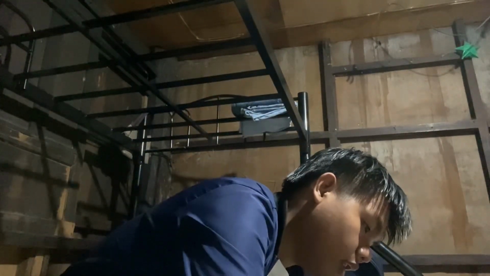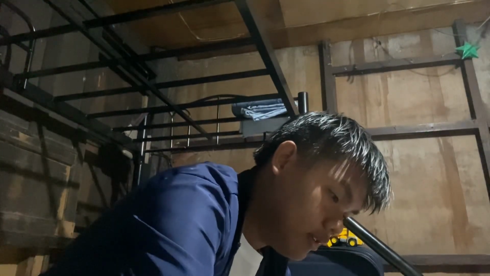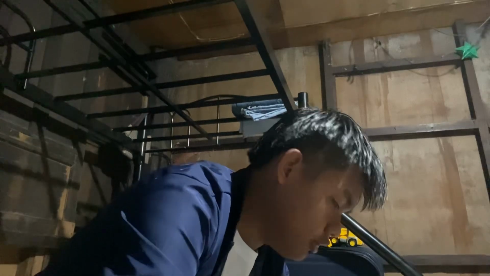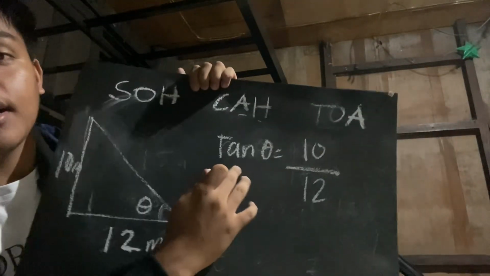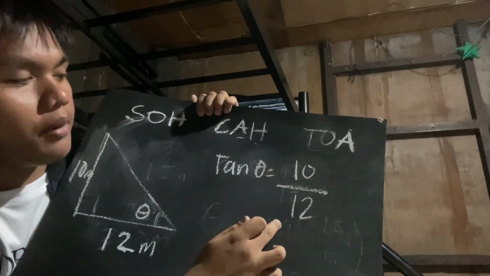So we can write tan theta is equal to the opposite, which is 10 meters. You don't need to write the unit during solving, only in the final answer. So tan theta is equal to 10 over 12.